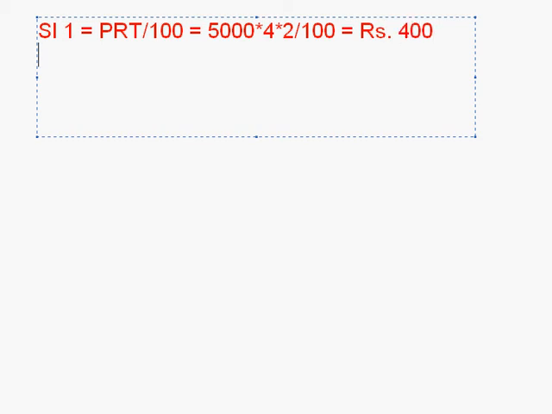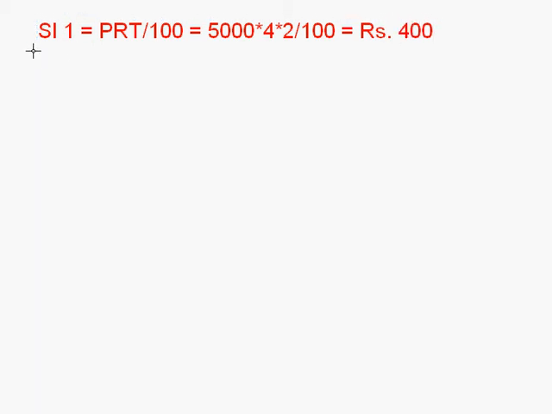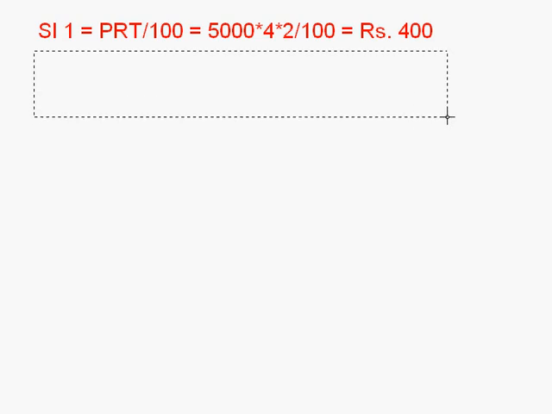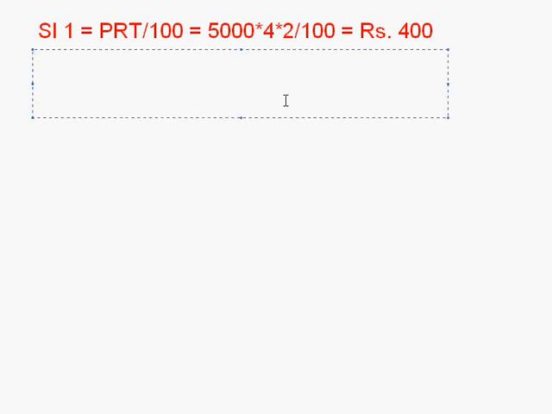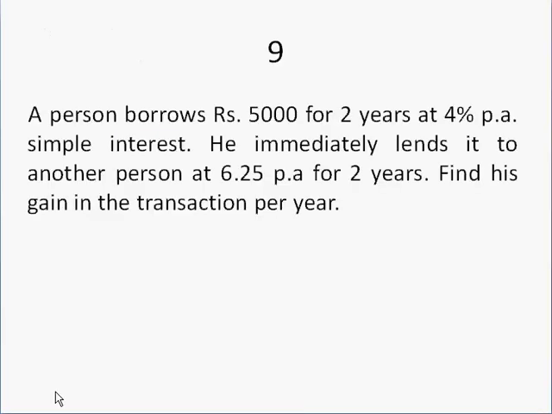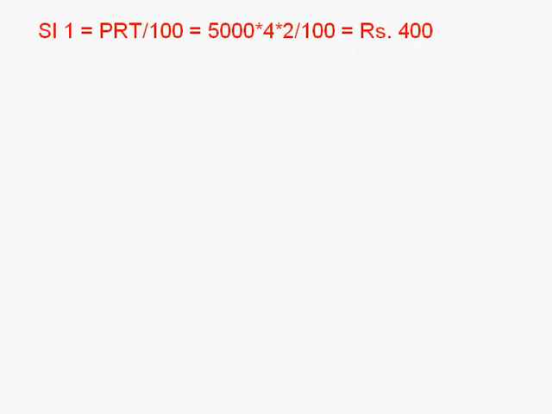Now what about case 2? In case 2, the data is almost similar, so we'll find simple interest 2. It will be PRT upon 100. The formula is the same everywhere, that is 5,000 times, now here the rate of interest is not 4%, it is 6.25%.